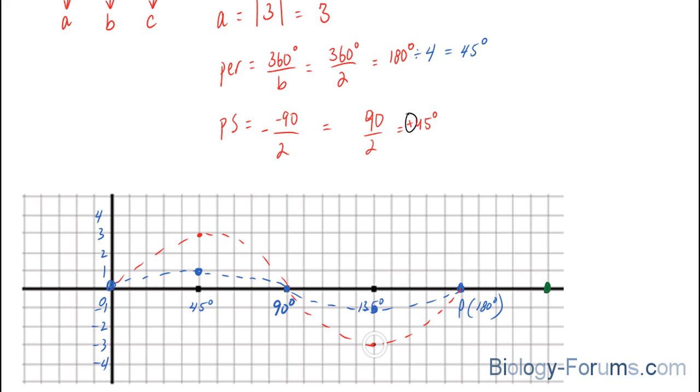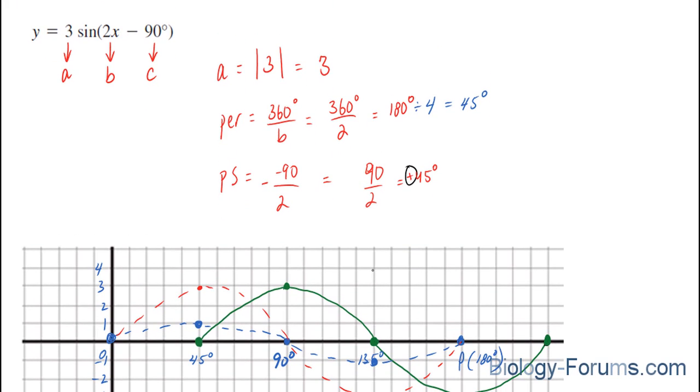This point will shift 45 degrees this way. This point will shift 45 degrees this way. This will shift this way. And finally, this point will shift right there. And let's connect what's in green, but this time with a solid line. And what's depicted in green here is the function that we were supposed to draw.